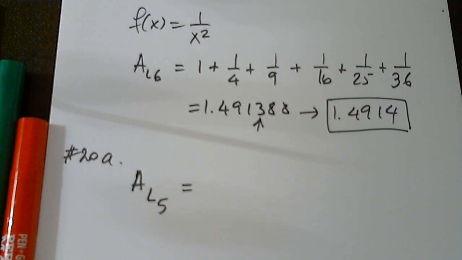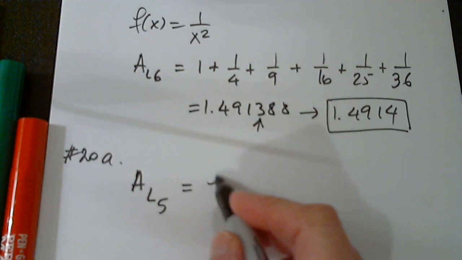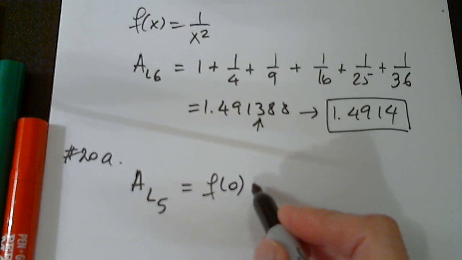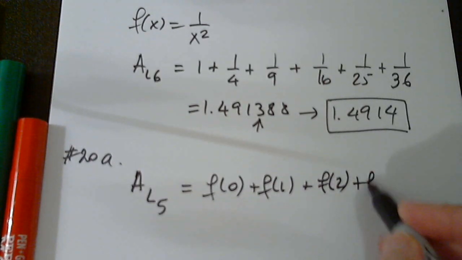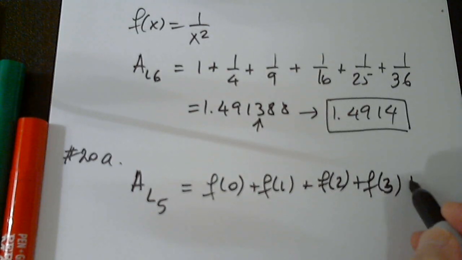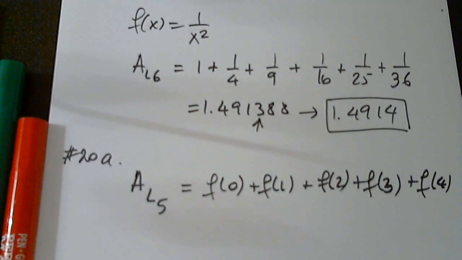So base times height plus base times height plus base times height. So the base is 1 unit. So we have f of 0 plus f of 1 plus f of 2 plus f of 3 plus f of 4. Do not go to f of 5 because you need only 5 subintervals.